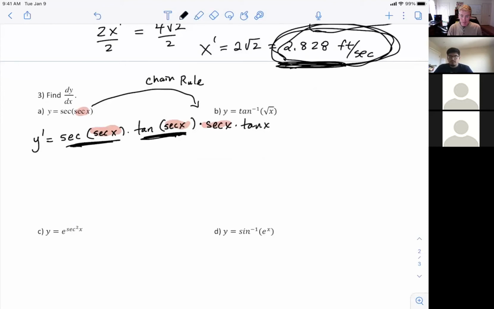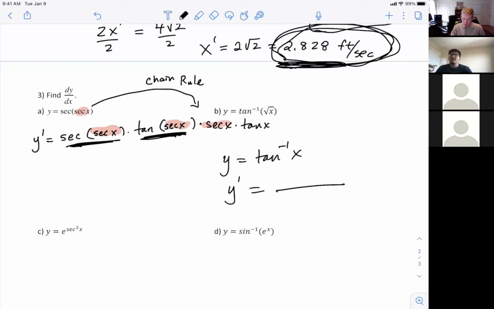All right, then on to part B. On part B, if it only said tangent inverse of x, do you know what the derivative of that is? Anybody?